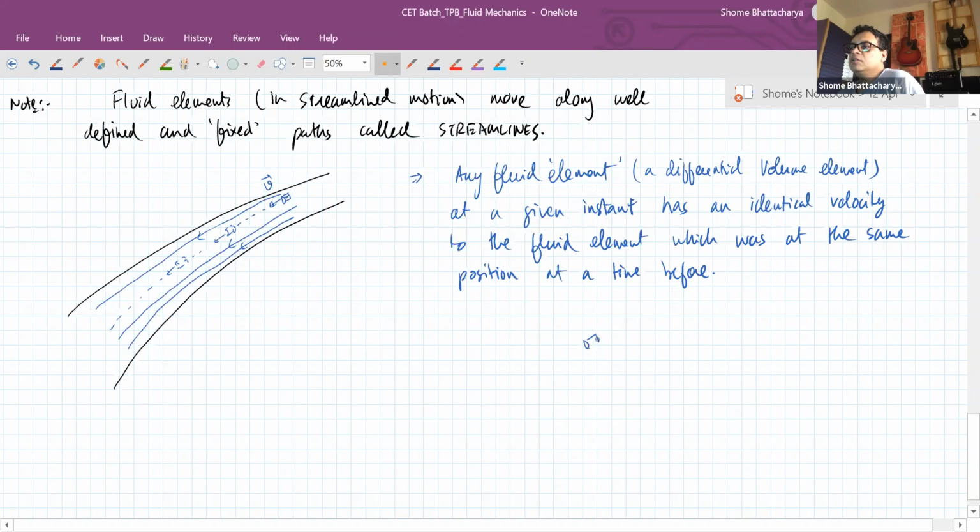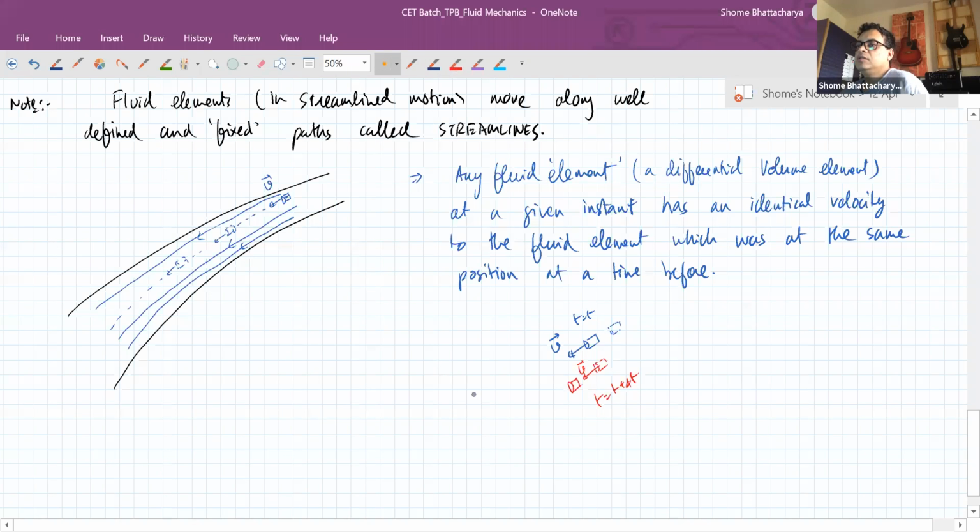So basically, if a fluid element at some time t is at a certain position, it has a certain velocity. Now at a new time, this fluid element might have moved somewhere forward. And some other fluid element which was behind it in the motion has come and occupied that position now. But this fluid element will have the same velocity as the previous fluid element that was at that position at any other time.